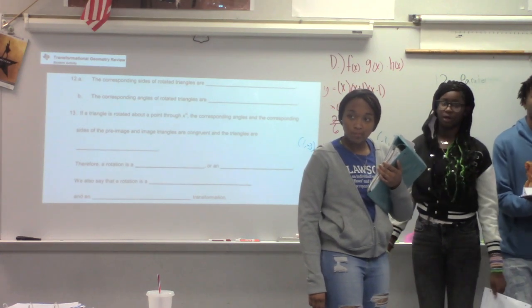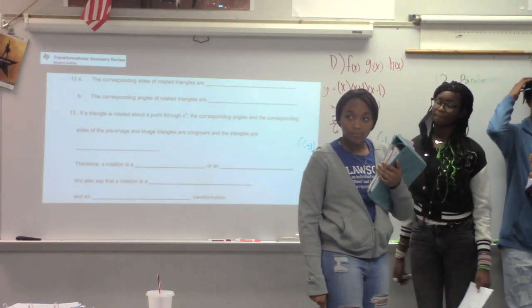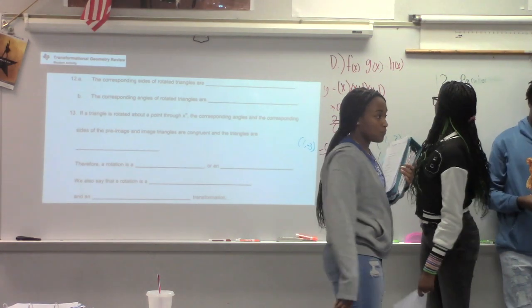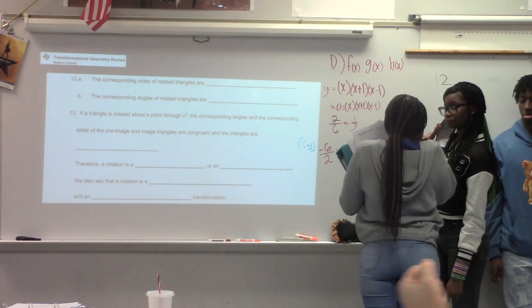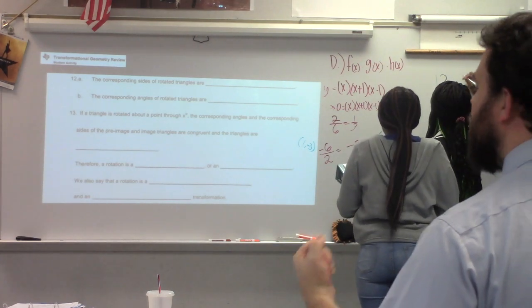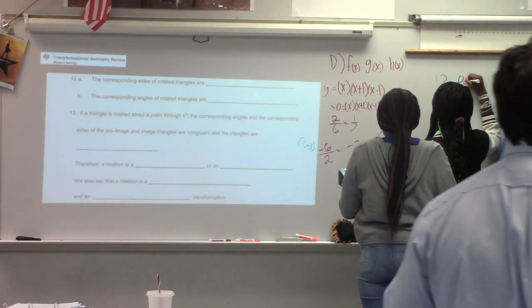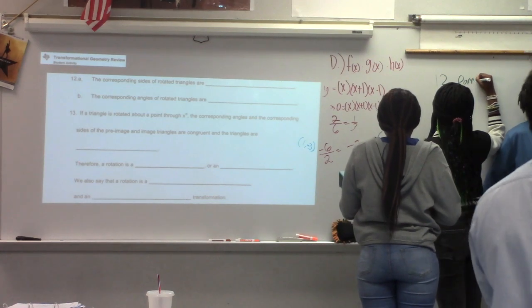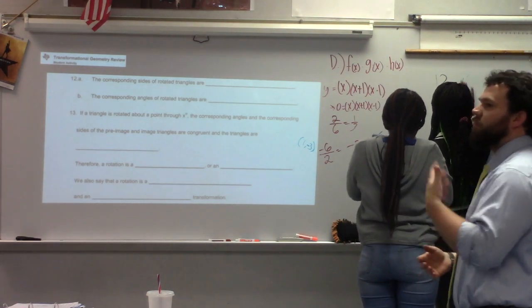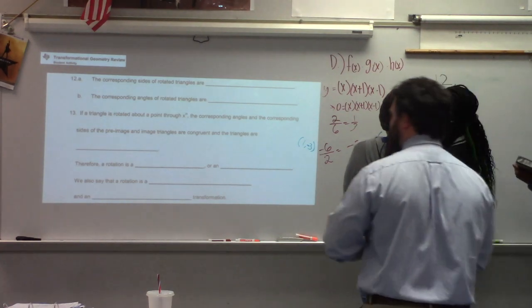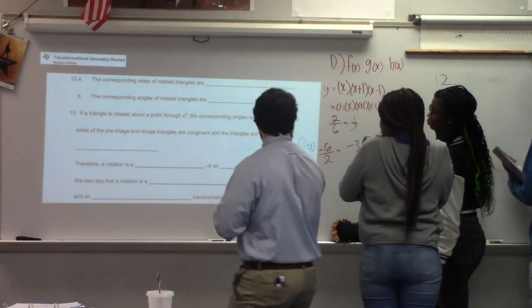X prime, Z prime. So when they talk about corresponding, they're talking about the pre-image and the image side lengths, or the pre-image and the image angle measures. Does that make sense? So the corresponding would be the pre-image and the image that are the same. So XZ and X prime, Z prime. Angle X and angle X prime. Things like that. Alright, let's answer those questions.